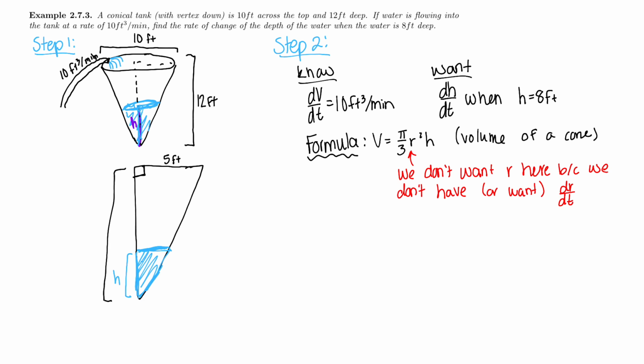This distance is 12 feet. We already called this distance h. We can call this guy right here the radius of the water. We can call him r, right? Because that's the radius of this cone that we want to know the volume for. We're going to use similar triangles here.